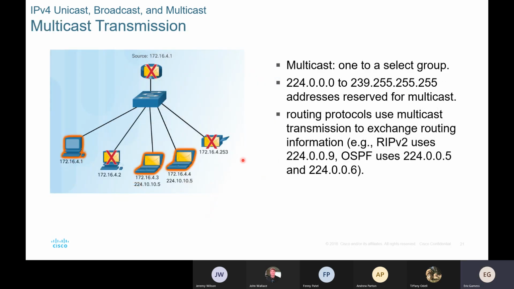And we have multicast. As I was telling you, there is a range of IP addresses from 224.0.0.0 up to 239.255.255.255. All the IP addresses between these two are multicast IP addresses.